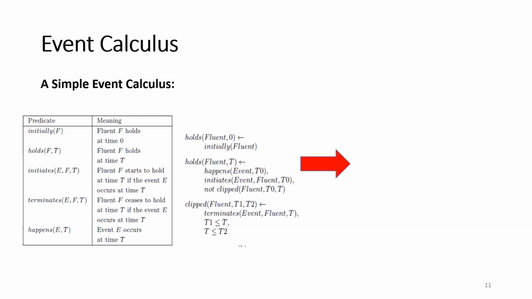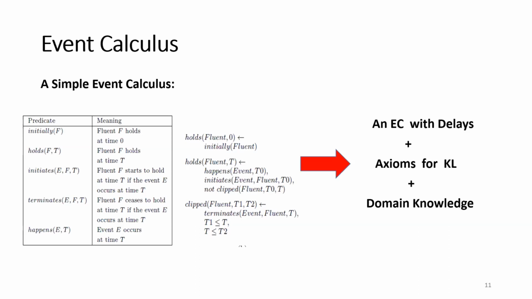So we had to change this a little bit, because we have this notion of delays in kinetic logic. You remember I told you that x positively influences y, and then y positively influences x. But actually that doesn't happen immediately.